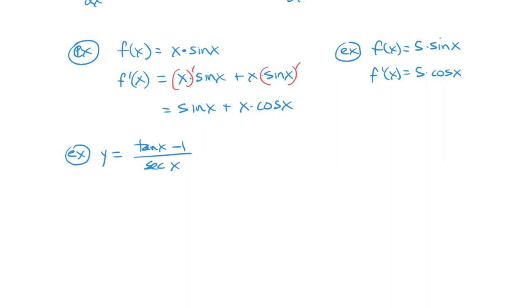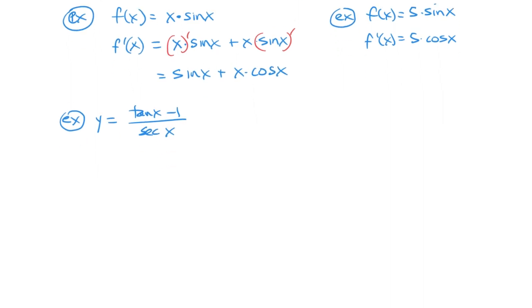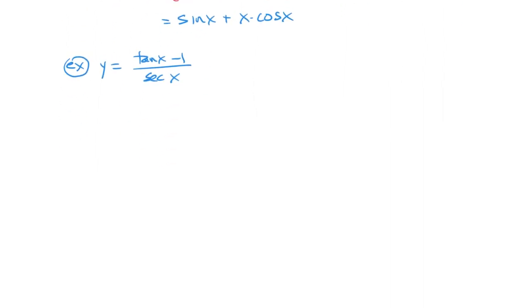Okay, hopefully you are trying these and then checking back. So we have got y prime equals. All right, I'm going to just say the quotient rule jingle as I write them. So low, remember it always starts low. Low d high, meaning derivative of high.